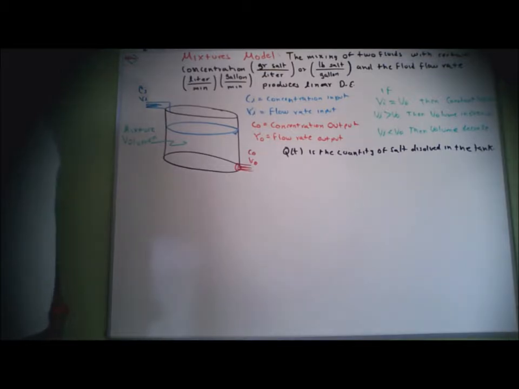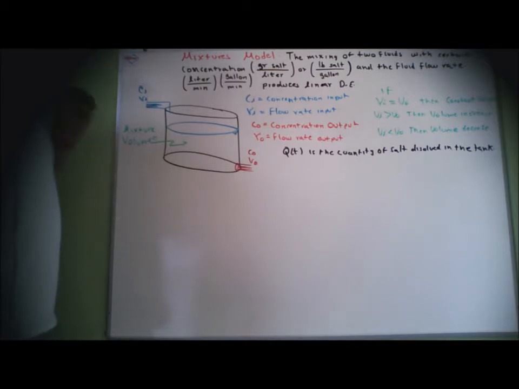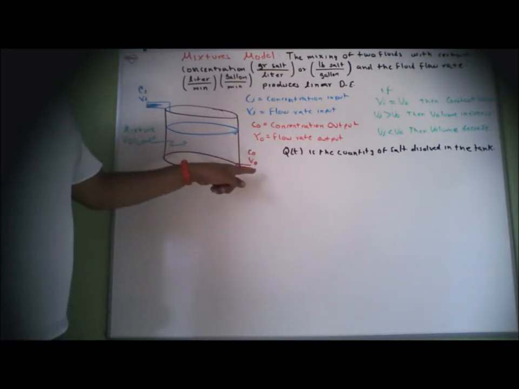So assume that you have a tank with a fluid, usually water, but here you have a mixture of salt dissolved in this tank. Now, let's define two concepts: the concentration input and the flow rate input, and the concentration output and flow rate output.